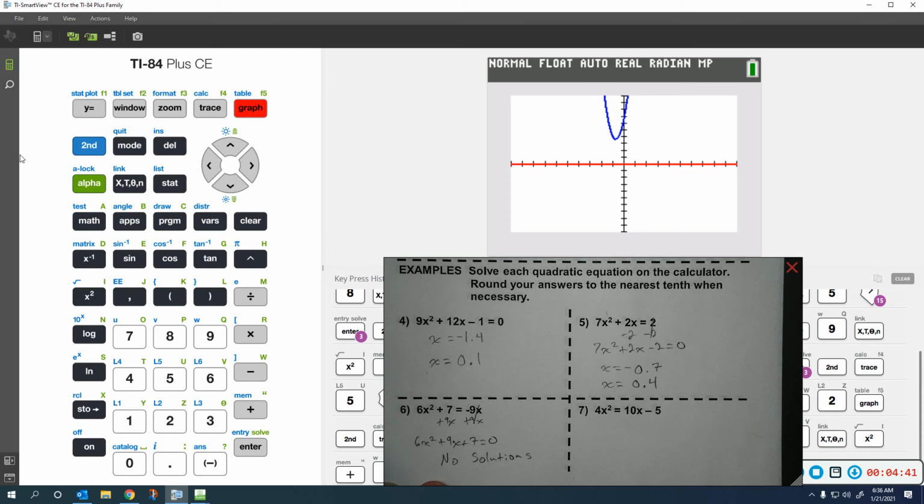Okay, last one. Let's look at number 7. First, look at it. Is it in standard form? No, it's not. So we either need to move all this to this side or move this over. I'm going to move the 4x squared over. So I'm going to subtract 4x squared.